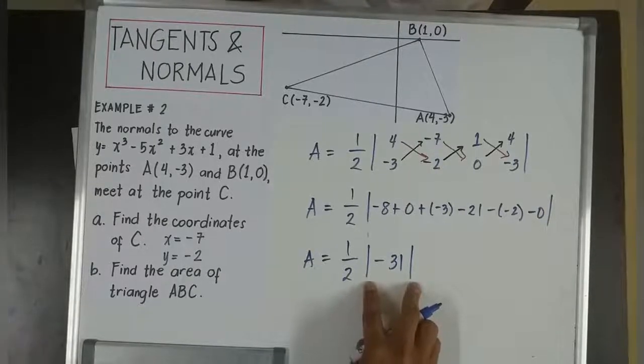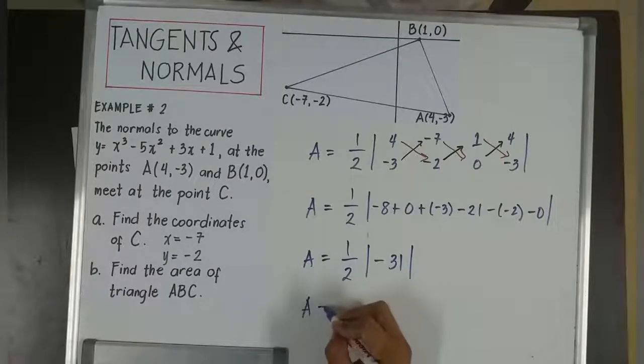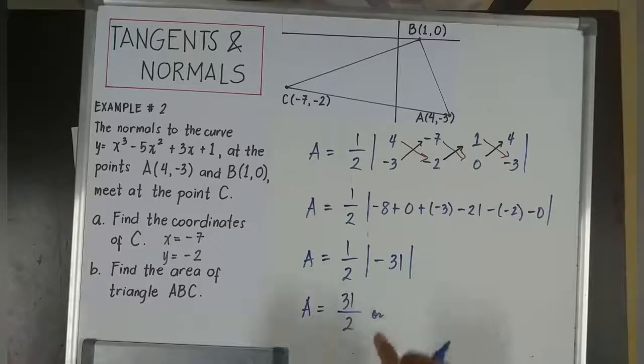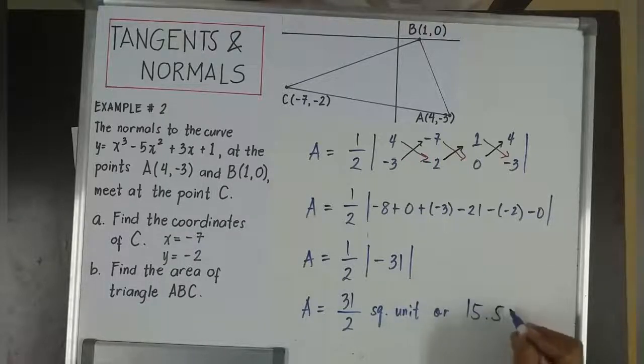So this one will become positive 31 times 1/2, which is equivalent to 31 divided by 2, or 15.5 square units.